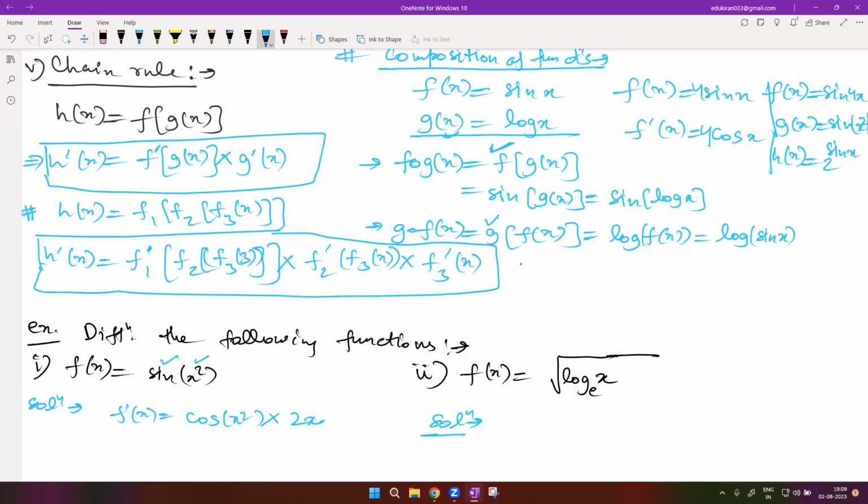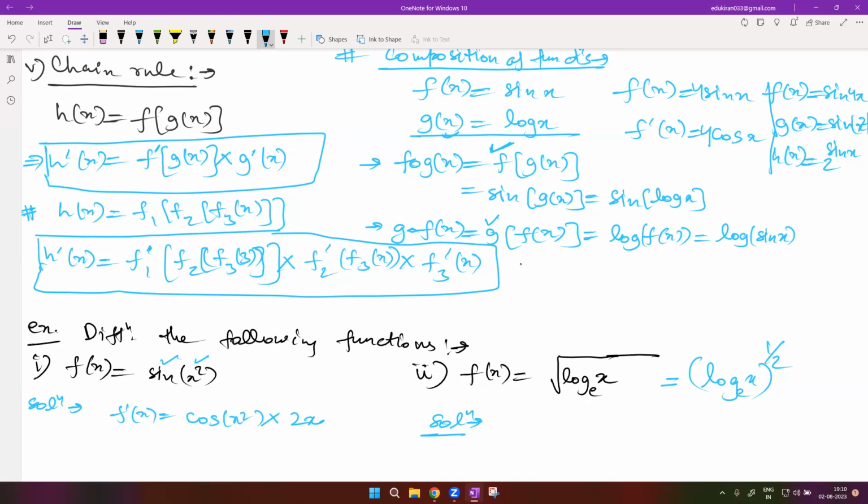So a power is involved. This expression can actually be written as log x base e to the whole power 1 by 2. A constant power is basically an algebraic function, right? x to the power n. Whenever a constant power is involved over the whole expression, first we differentiate using that constant power.